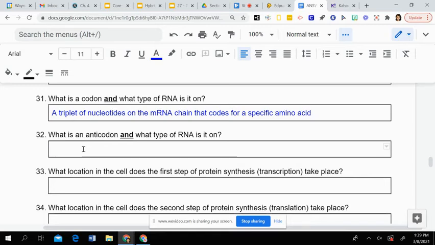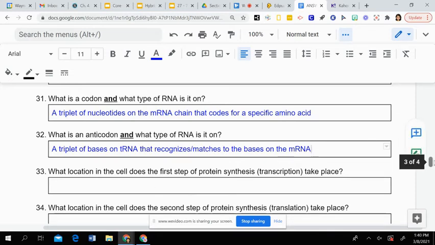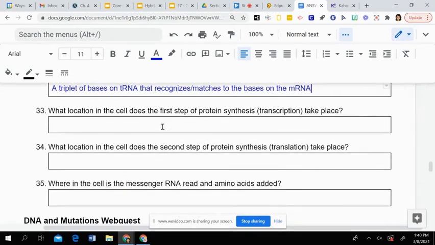So the anticodon is just the triplet of bases or those nucleotides on transfer RNA that recognizes and matches to the bases on the mRNA. So it reads that code, and then it knows which amino acid to add. Okay? All right.